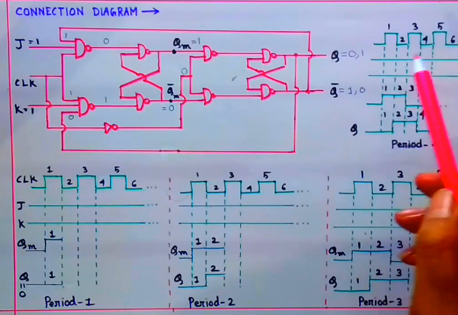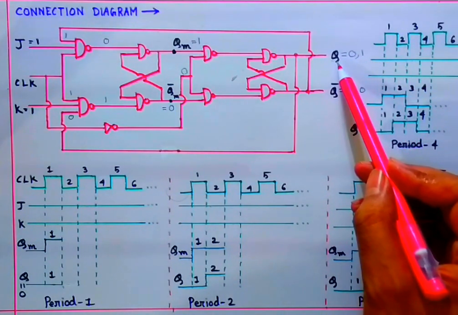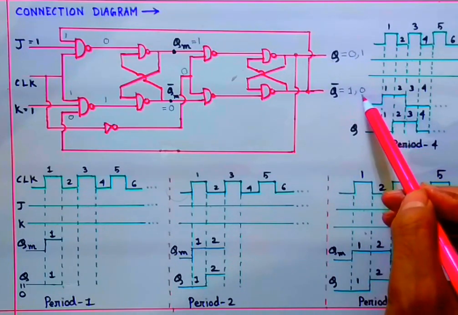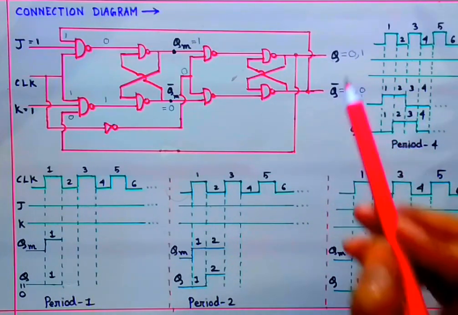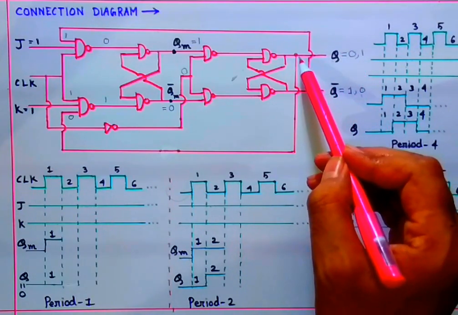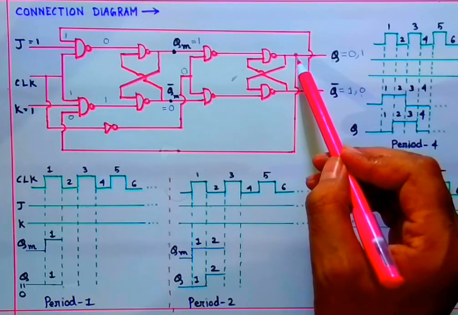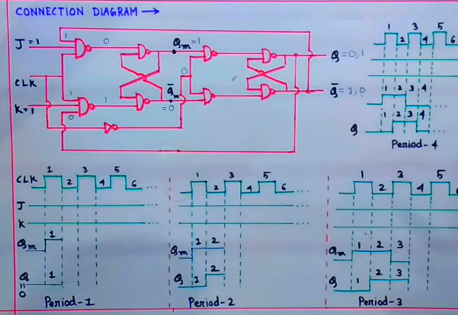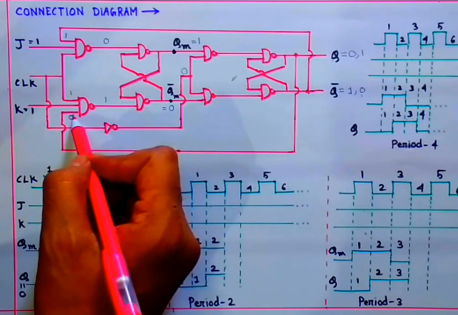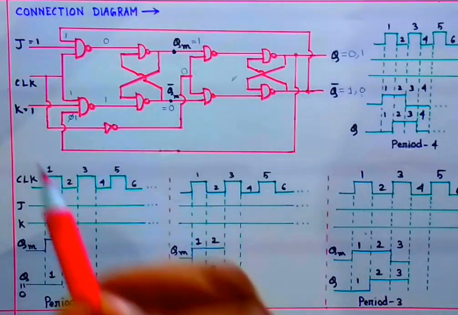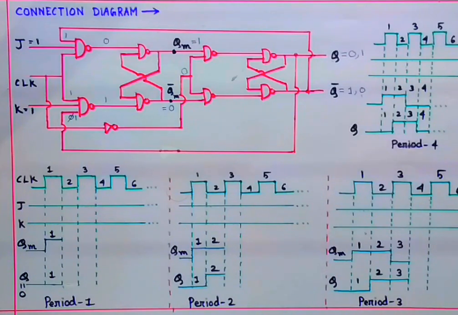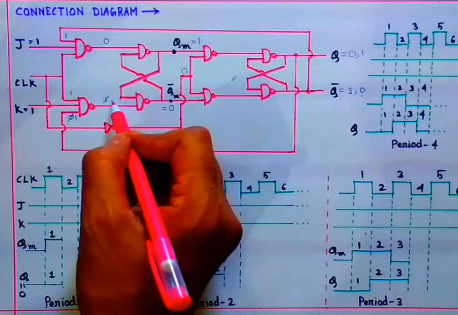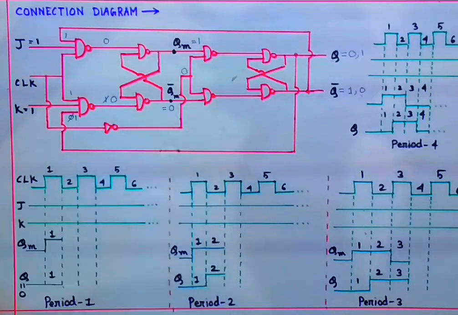So see that during period 2 the Q output and Q bar output were 1, 0. Now this Q value 1 is going to this NAND gate. That means now it is 1 instead of 0, so this output will be 0.